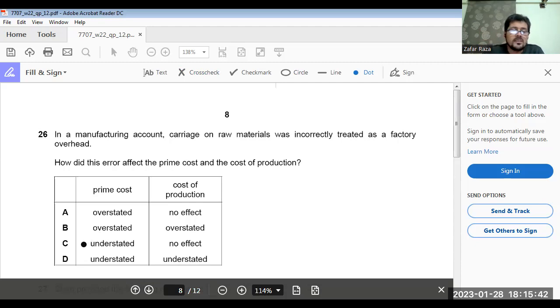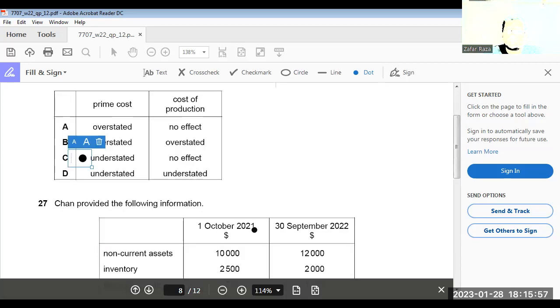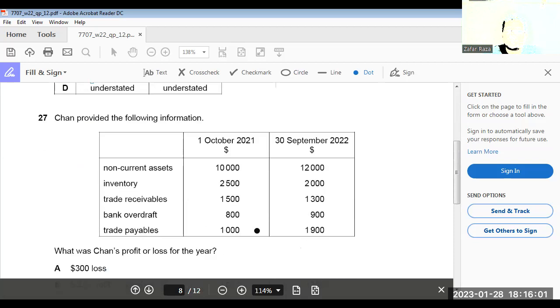So total cost of production is not going to be affected by this error. Any item of cost, if you change its place, is not going to affect the cost of production. But prime cost it's going to affect. It's understated.